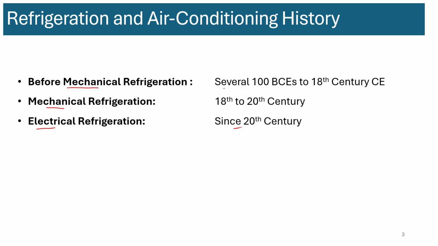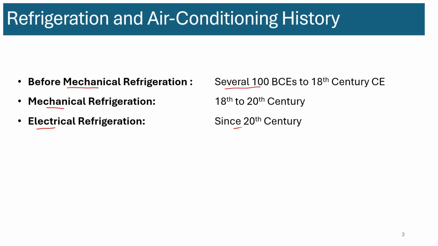So how did people in those historic times create this effect? You should do this as a thought exercise. If you don't have any machines or electricity, how can you think of creating a cooling effect on yourself? One easy option is if your hand gets wet, for example, and there is a little bit of breeze or air movement, you can feel that your hand suddenly feels cold.